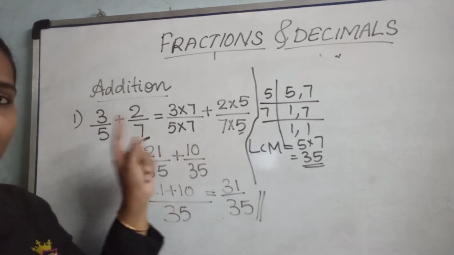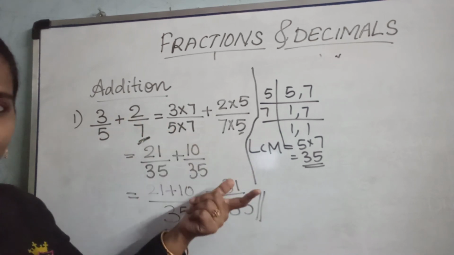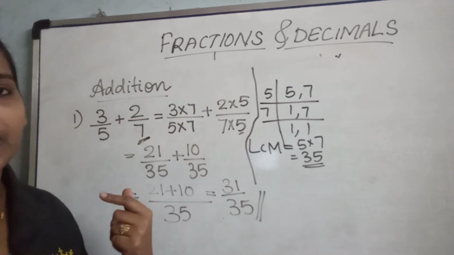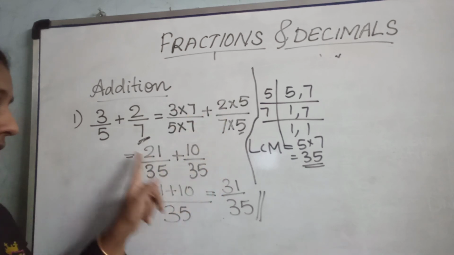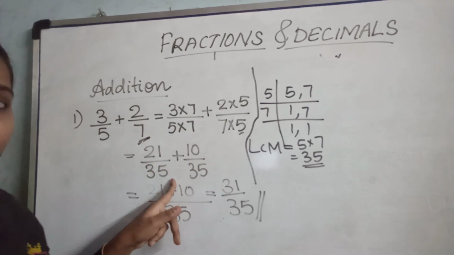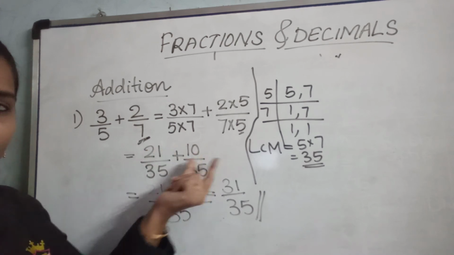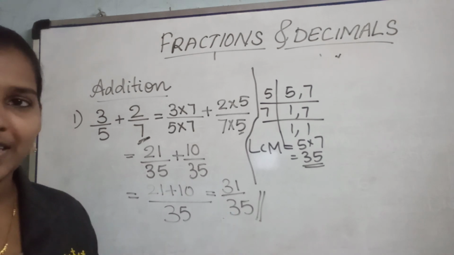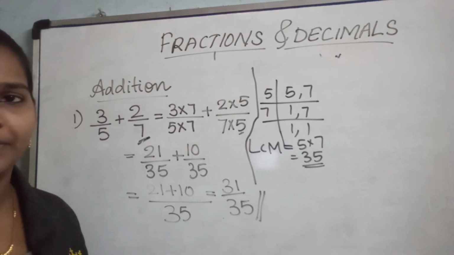And when you are multiplying a number with 5 and 7 to make it 35, you should use the same number on the numerator also. Okay, and here we simplified this and after that we got like fractions and then you can add the numerators together and write the same denominator. Then you will get the answer. Is it clear children? Alright, so keep this in your mind.